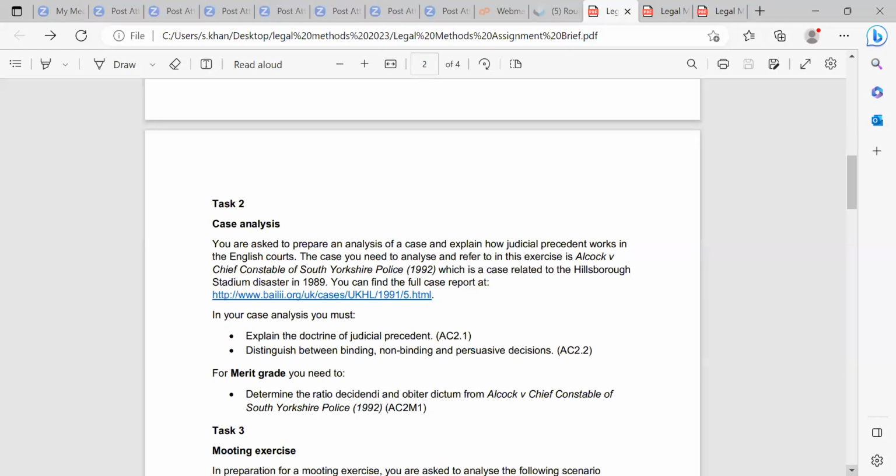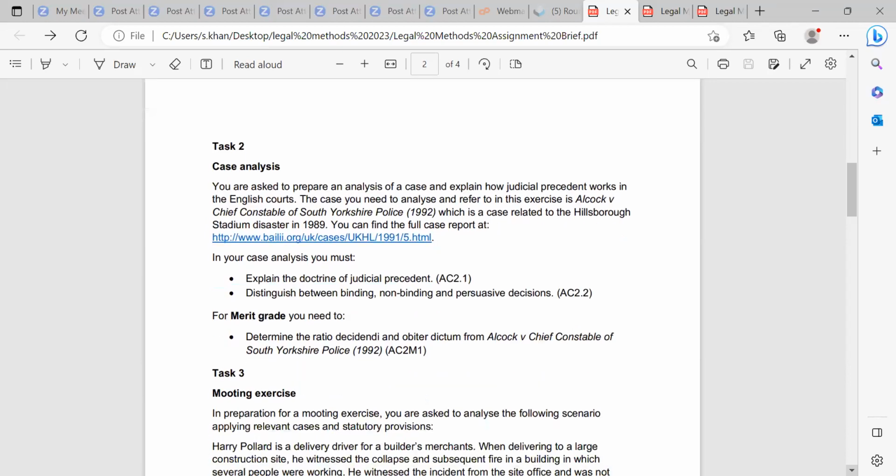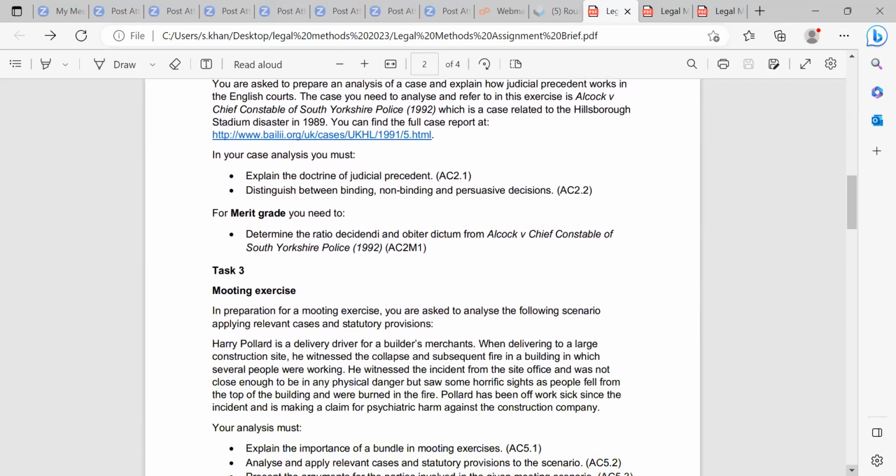So in this one, to get the pass, you need to explain the doctrine of judicial precedent. You need to distinguish between binding, non-binding and persuasive decisions. And then the merit one is to look at the ratio decidendi and obiter dicta in the case of Alcock.